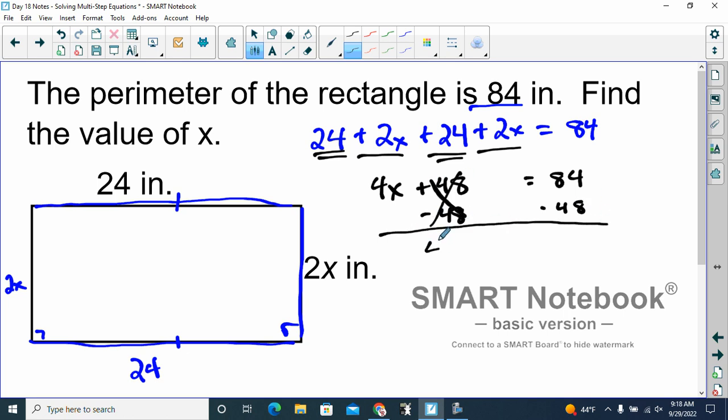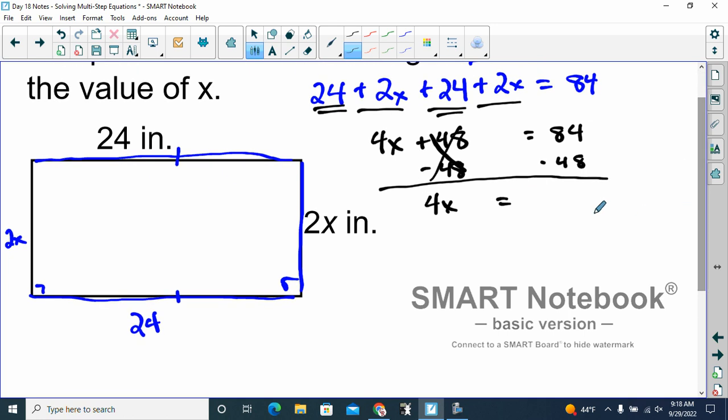These cancel. I get 4x equals 84 minus 48. 4 minus 8, I can't subtract that, so we need to borrow 10 from the 10 spot. 14 minus 8 is 6. 7 minus 4 is 3. So 84 minus 48 gave me 36.